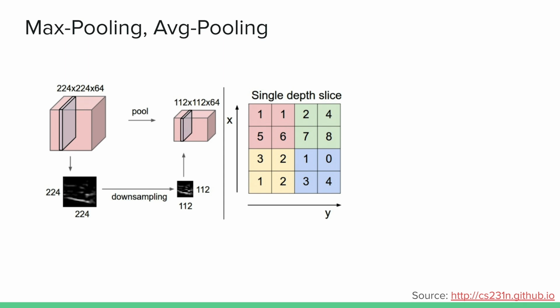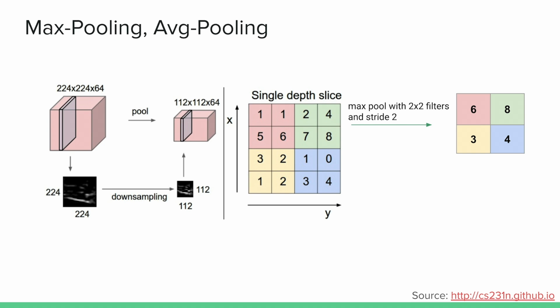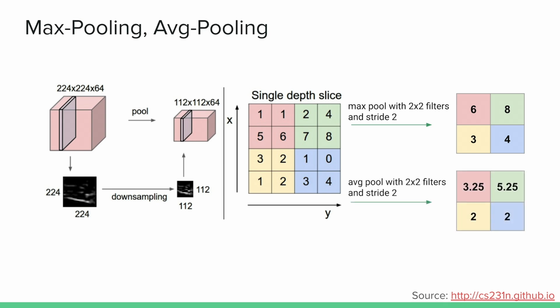This is what a max pooling with a 2x2 filter and stride 2 would compute. If the right part is our input image, it just takes a look at those four numbers, 1, 1, 5, and 6, takes the maximum number, and that will be our output. Similarly, average pooling will just compute the average of its inputs, and that will be our output.